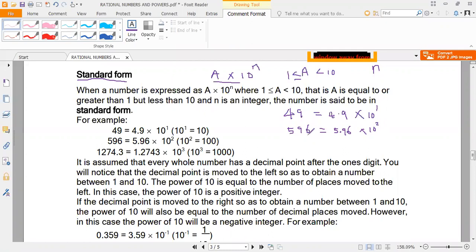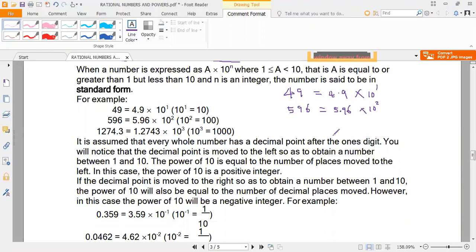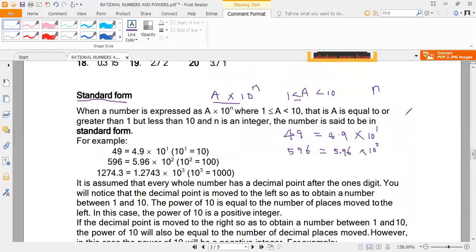So basically, when we are expressing numbers in standard form, we make sure we leave a number between 1 and 10 on the left side of the decimal point. Then all the other digits are taken on the right side of the decimal point. Every whole number, let's say 49, always has a decimal point at the end.